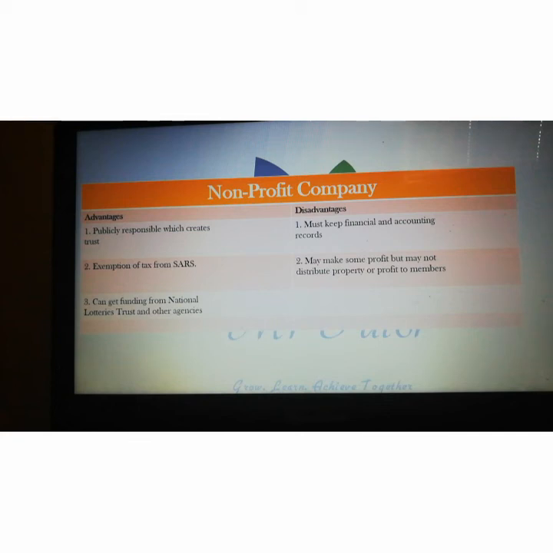Another advantage which I like for such a company is that you are exempt from tax from SARS. You get certain deductions, or certain percentages are not charged, because you are giving back.